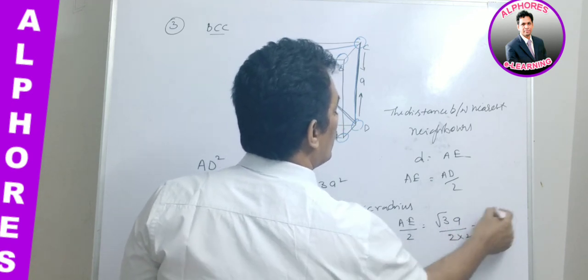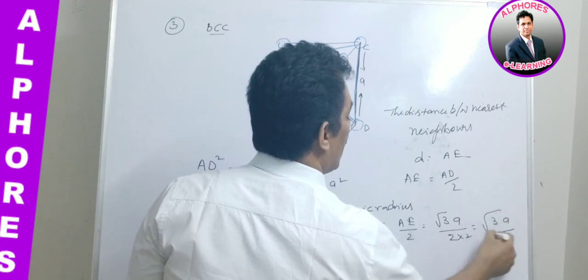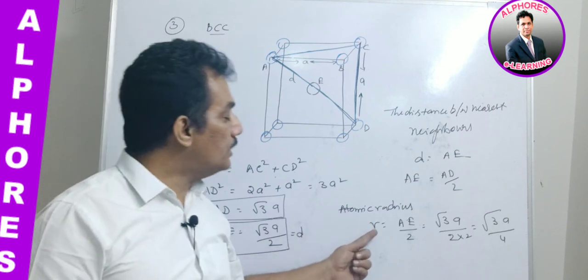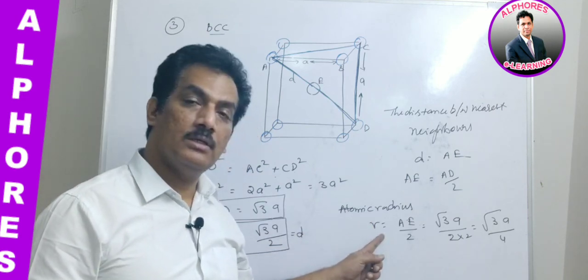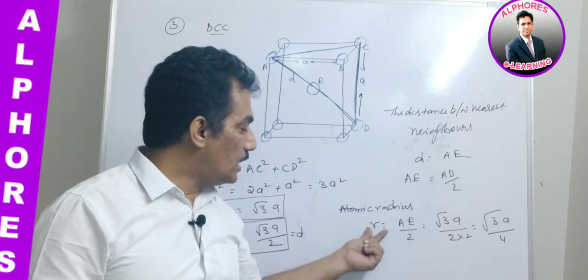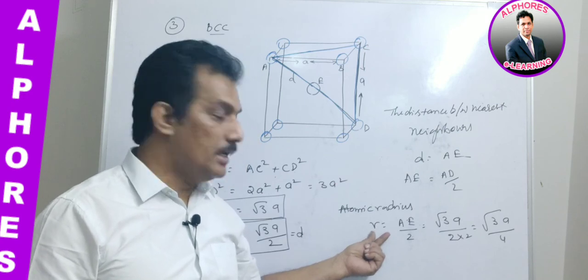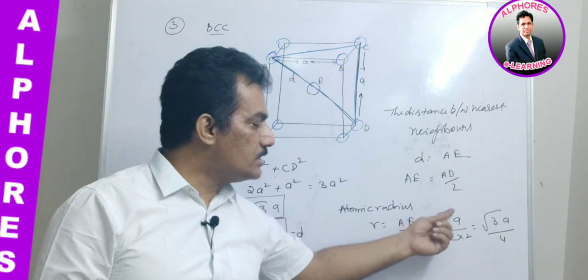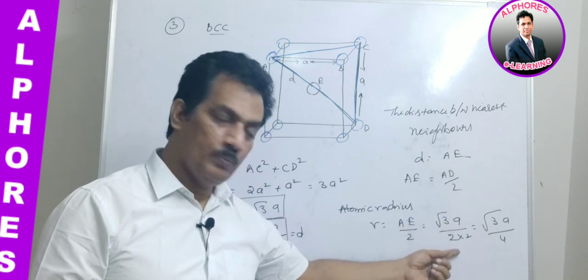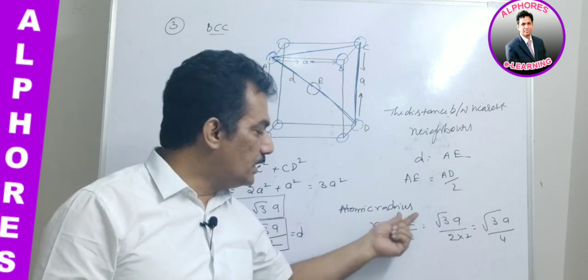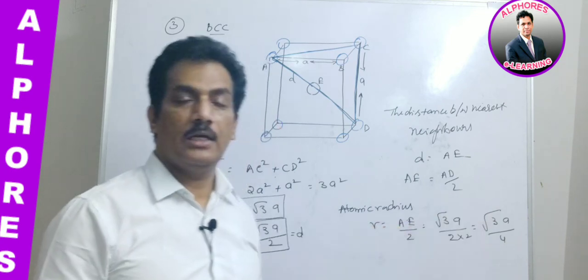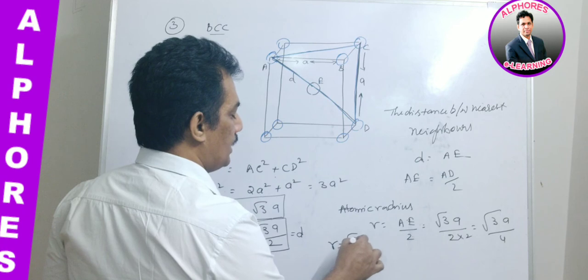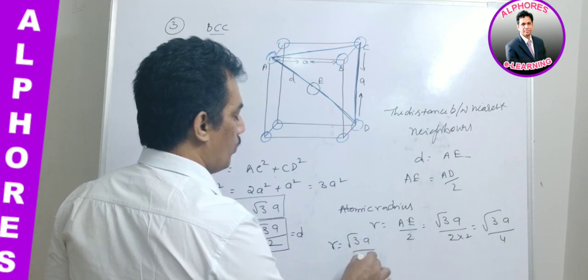That is root 3A by 4. This is the internuclear distance and this atomic radius related. And when it is related like this, the internuclear distance is root 3A by 2. And when it is AE by 2, we are getting R value as root 3A by 4.